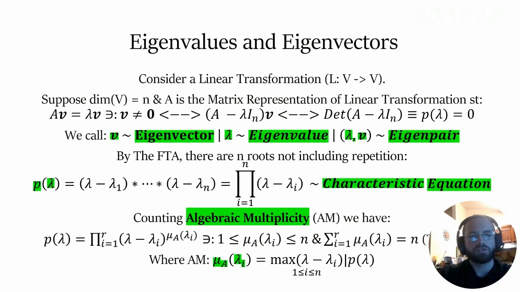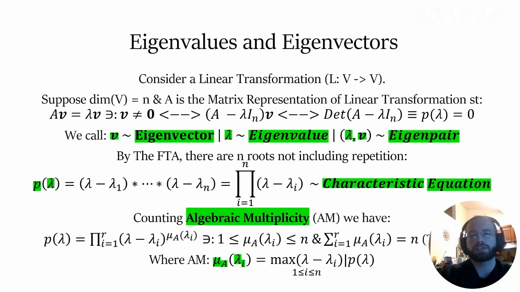Okay, so let's look at the algebraic multiplicity. Now, some of these eigenvalues could be repeated. So for instance, if we have an eigenvalue with a value of 1 and it's repeated twice, that eigenvalue has multiplicity 2. Now, the multiplicity of each eigenvalue can be as low as the number 1, and as high as the number n.